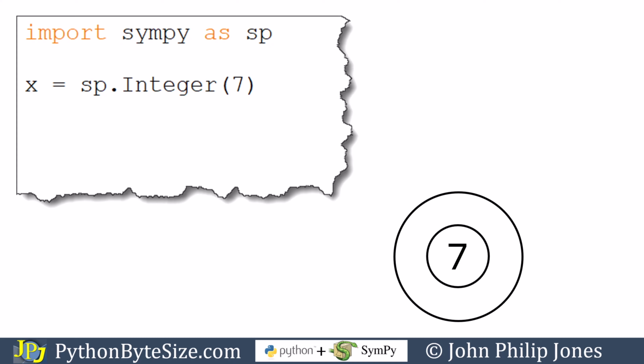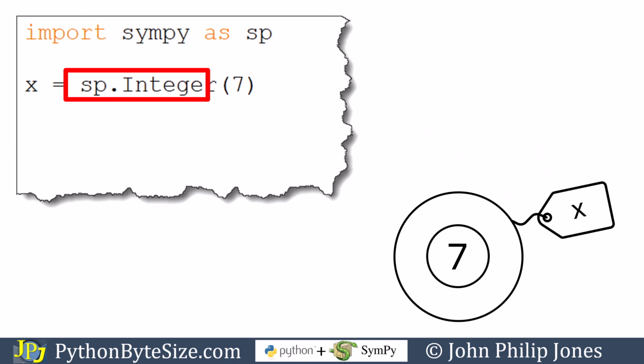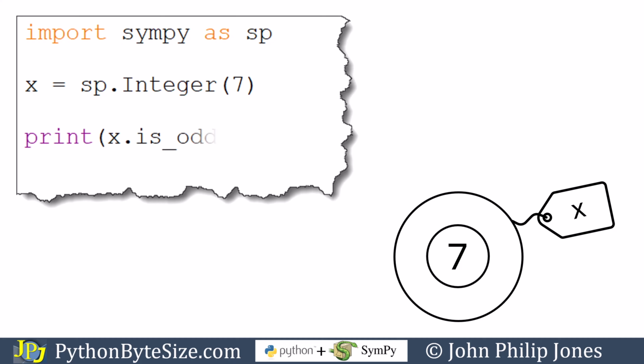But I'm going to show that reference by labeling this object, as you can see here. And you can see it's been labeled with X because we're assigning the created instance to the variable X in the code.